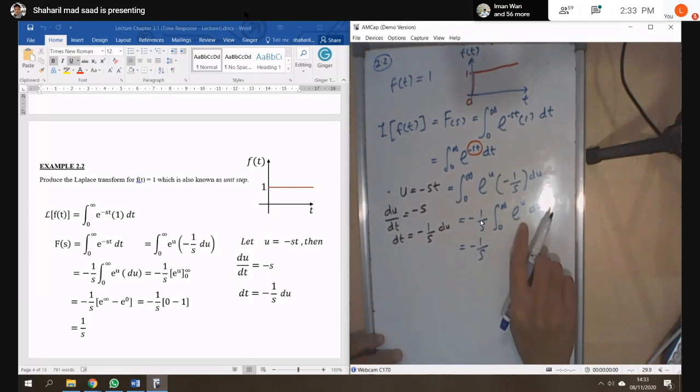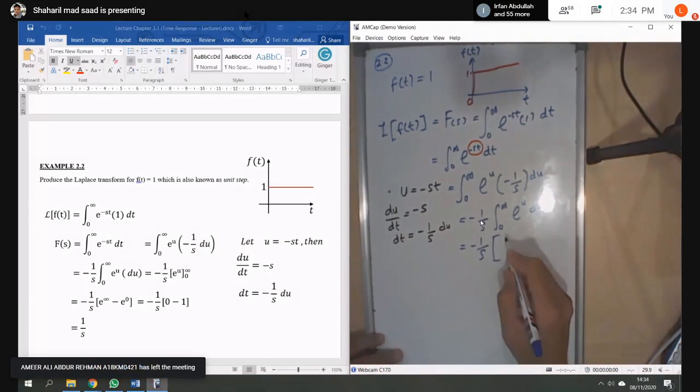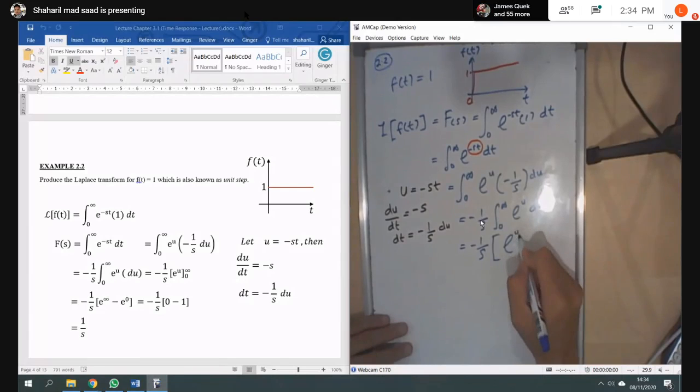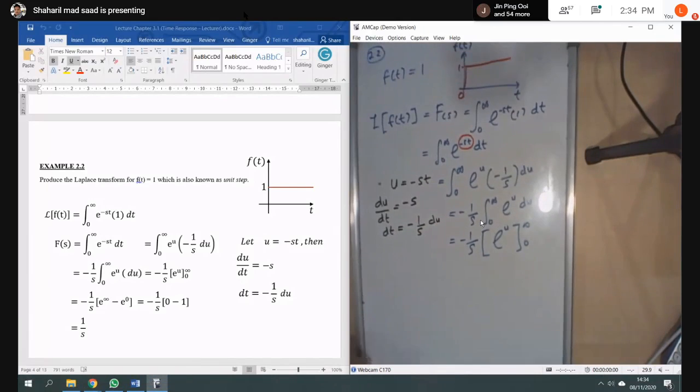When we integrate the exponent over du itself, we get e^u from 0 to infinity. Then we put it back: u is minus st, so e^(-st) from 0 to infinity.